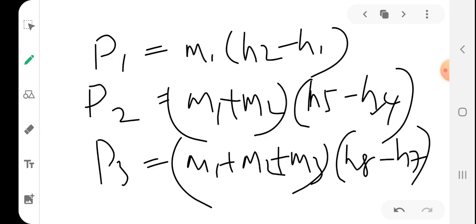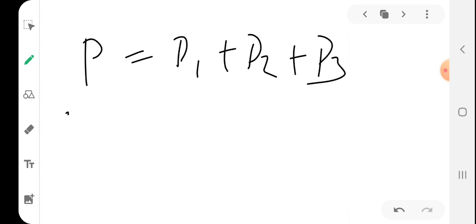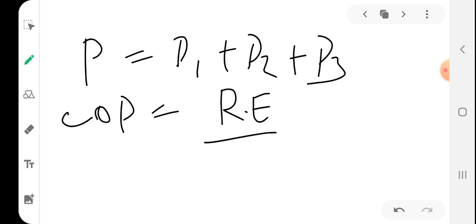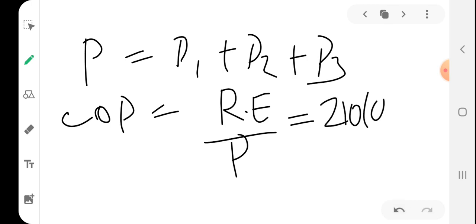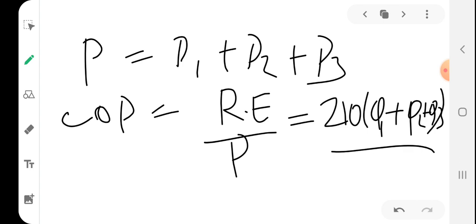The value of h7 is also with you. So the total power will be P1 plus P2 plus P3. The COP will be the total refrigerating effect by P, that is 210 Q1, better you write it as 210 times Q1 plus Q2 plus Q3, by total P. P should be in kilojoule per minute, not kilojoule per second.